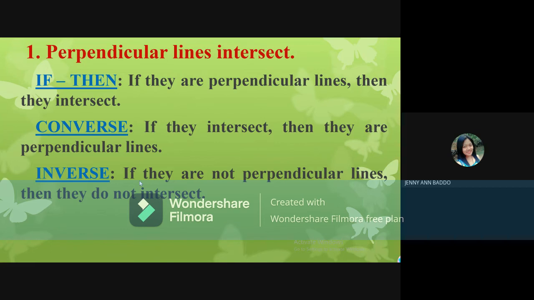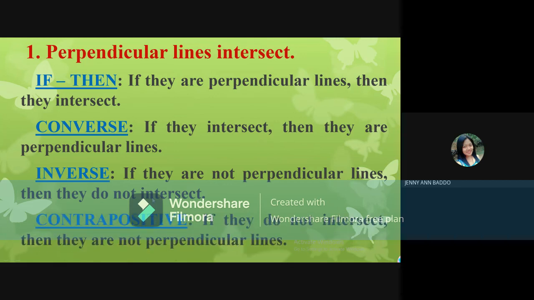You must include the word not anywhere in the hypothesis to make it the opposite. So if we write the inverse, we have if they are not perpendicular lines, then they do not intersect.